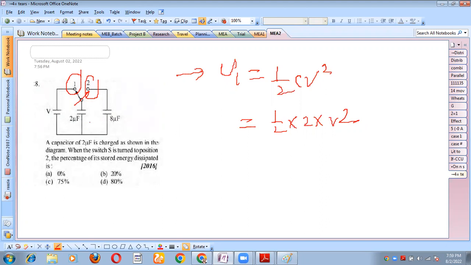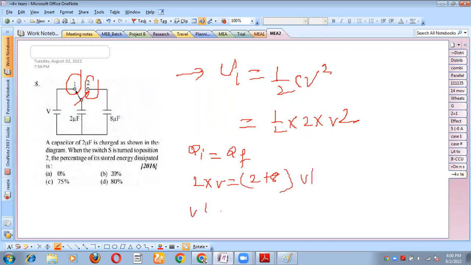Charge will get redistributed between the capacitors. So what you have to do is equate the initial charge and the final charge. Initial charge was 2 into V, and the final charge is 2 plus 8 into V dash.